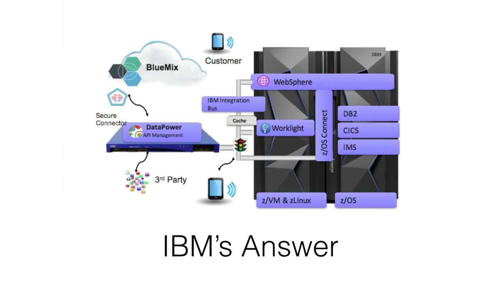Let's draw a mental picture where each z/OS subsystem, like CICS, IMS, even WebSphere on z/OS, or even DB2, exposes a REST API. Those APIs need to be managed and curated. For that, you use an API management product like DataPower. Think of it like a replacement for F5.